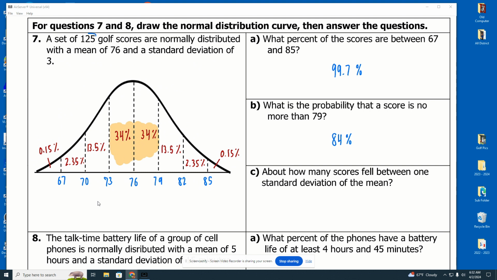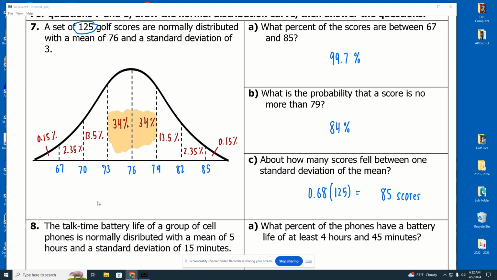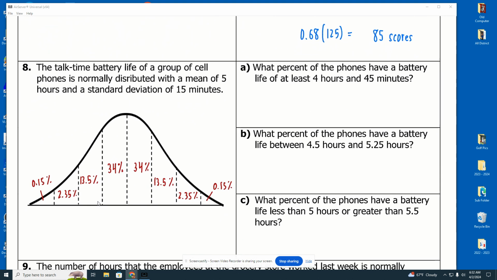Well, remember, up here in the question, there's 125 golf scores. So I've got to do 68%, so that's 0.68, times 125. So you're going to simply multiply, and that's going to give us approximately 85 scores. Okay, hopefully you got all 3 of those correct. Pretty simple. Now let's move on to number 8.